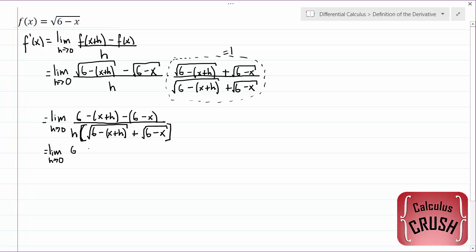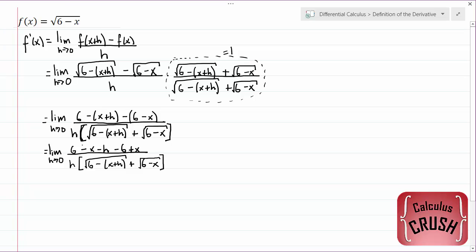So we have 6 minus x minus h minus 6 plus x, all divided by h, times the square root of 6 minus x plus h, plus the square root of 6 minus x, all in brackets.